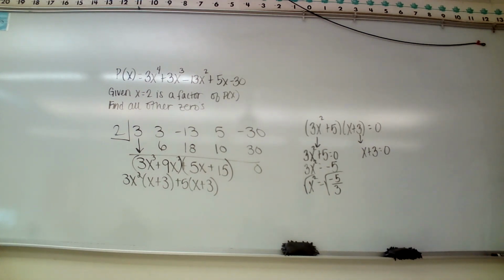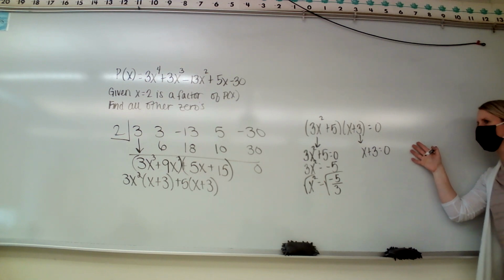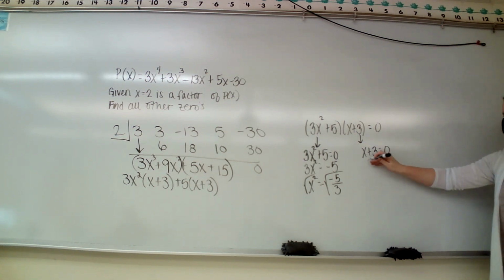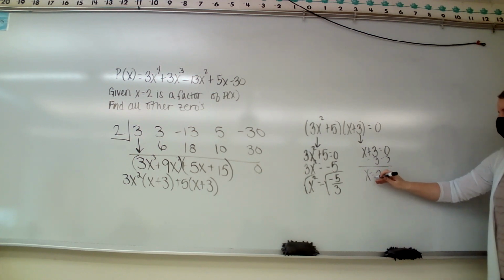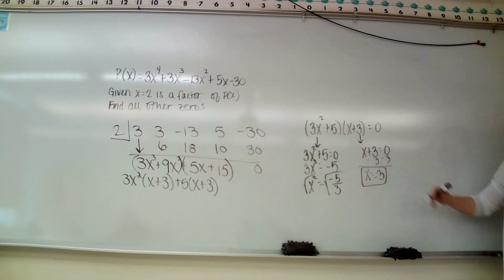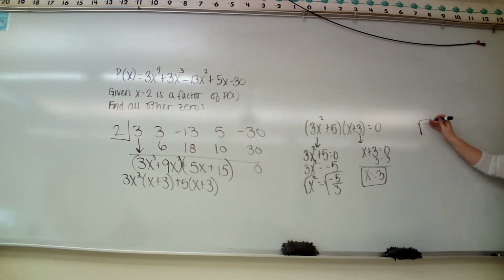No way. I still got a little room over here. This one I can do quick. I'm still going to do the work out for that. I just ran out of room there, so I'll do it right here. Just as a reminder, if you have the square root of a fraction, you split it up to the square root of the top over the square root of the bottom. And then you rationalize your denominator.